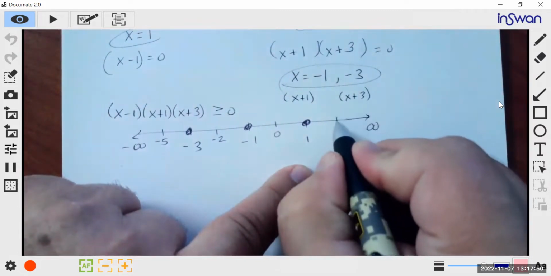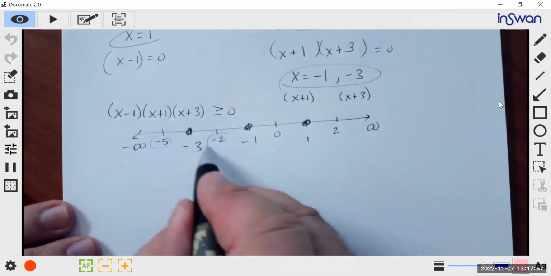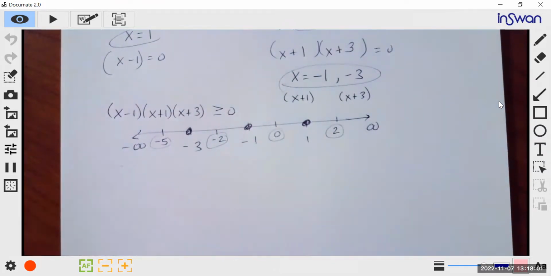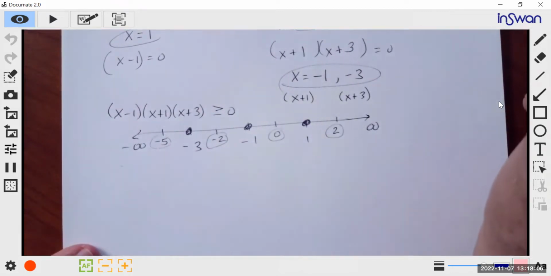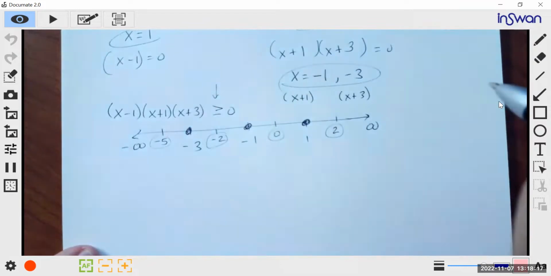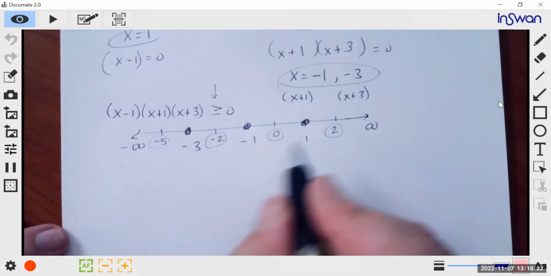Between 1 and infinity, I put 2. So these are my test values. Do I want positive or negative answers? Yeah, because it says it has to be greater than 0. So I want positive answers. So the only ones that give me positive will be my solution.